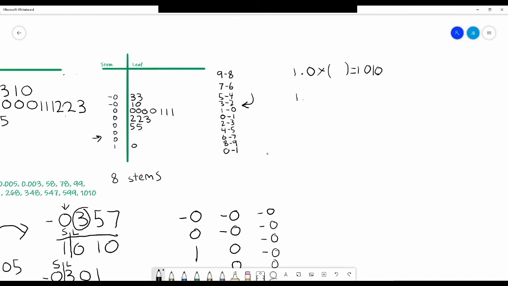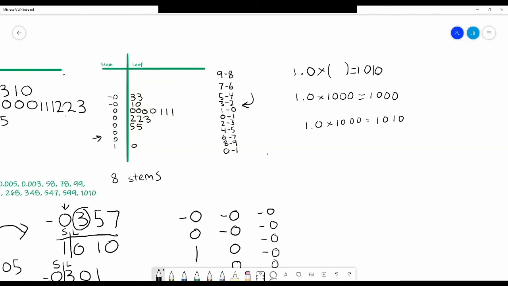Well, 1.0 times 1,000 would give us 1,000, right? That is close enough that we could see that that would be the stem value. Our original number being 1.0 times 1,000 gives us closest to 1,010 that we're going to get.